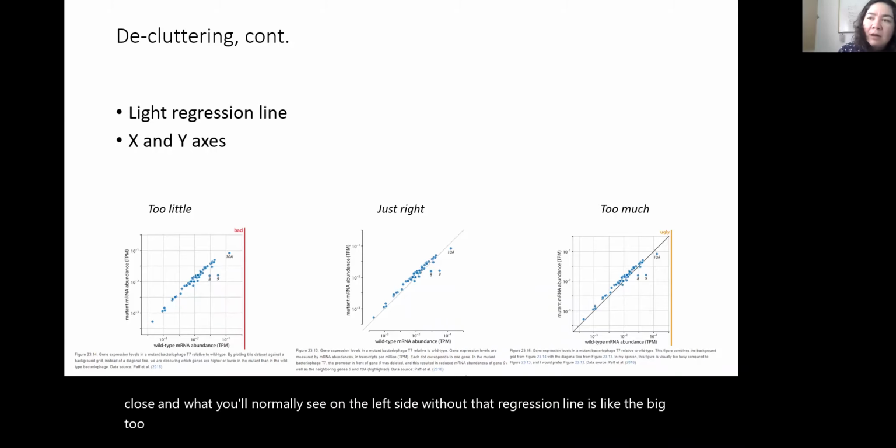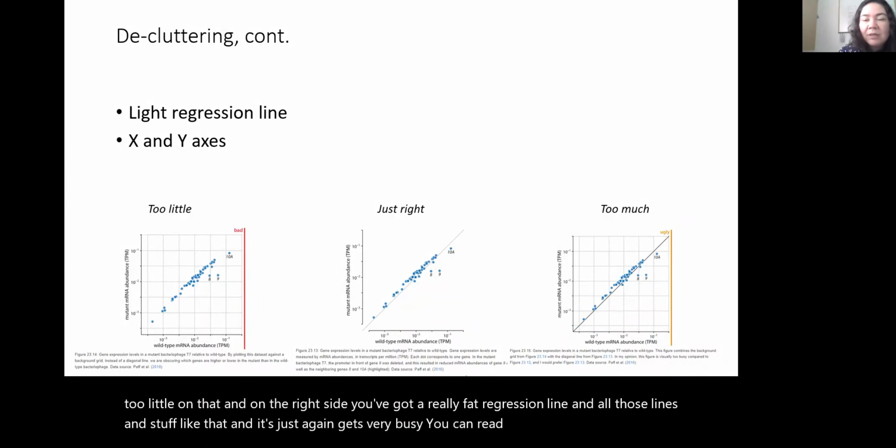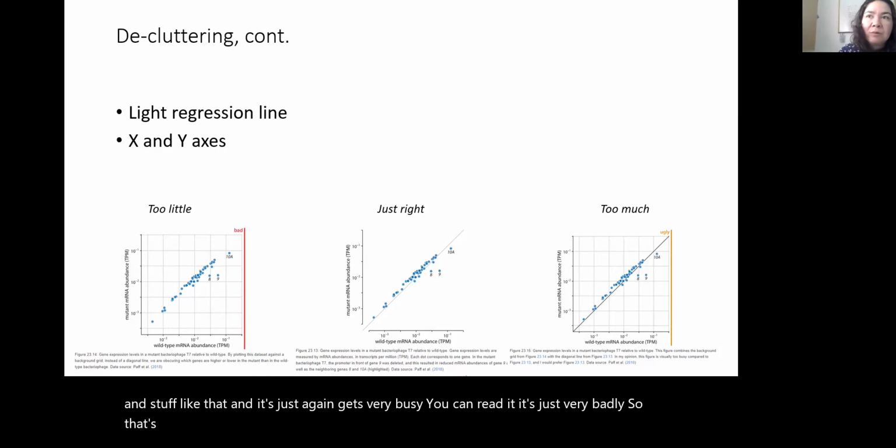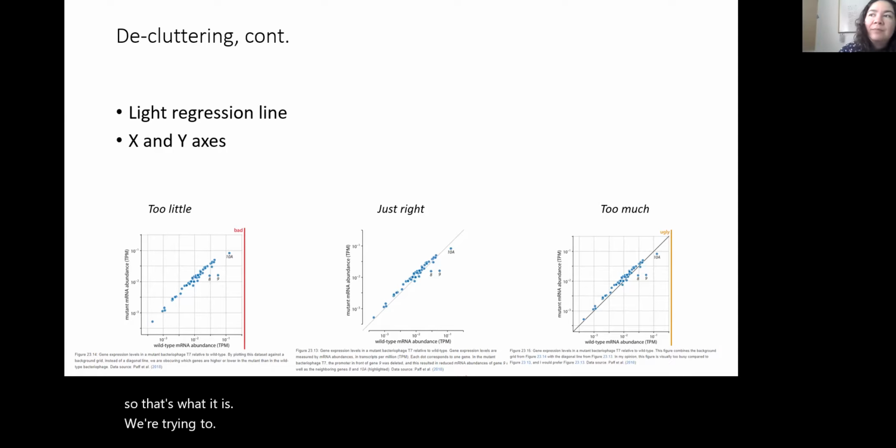And on the right side, you've got a really fat regression line and all those lines and stuff. And it again gets very busy. You can read it, it's just very busy. So that's what we're trying to avoid. Always remember to make sure that you've got axes left and right on those. Those are super, super important.